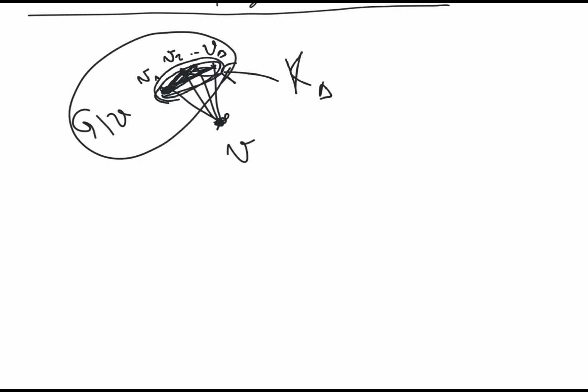This follows from claim 5. So now let's consider the degree of each of these vertices, let's say vertex Vi. There are these vertices V1 and so on, V delta, without Vi itself.